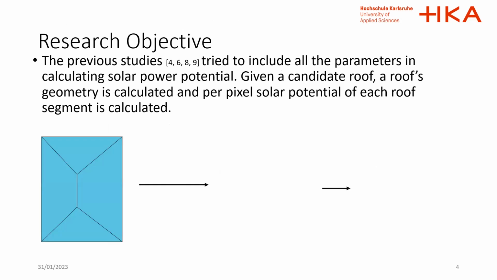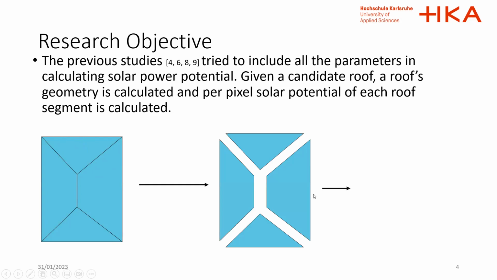Our main research objective is this: previous studies have included all the parameters for calculating the solar potential, and each per pixel solar power potential is calculated, and adding all the per pixel solar potential will give the final solar potential.